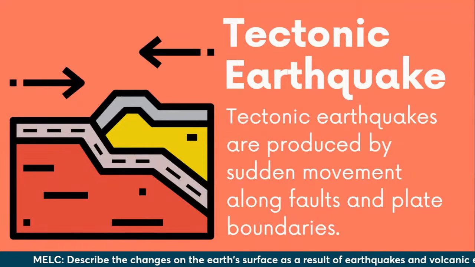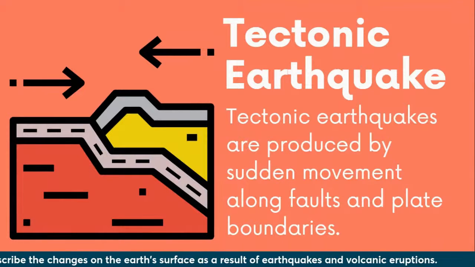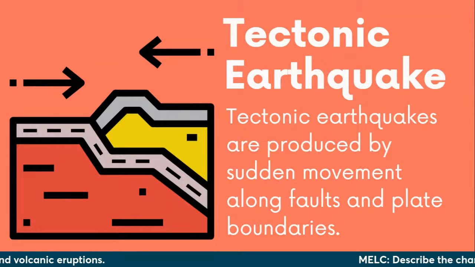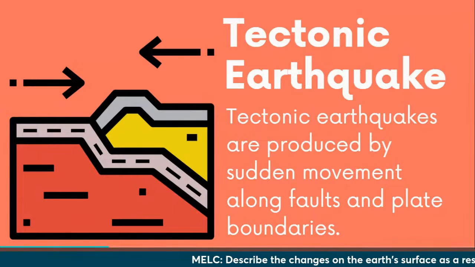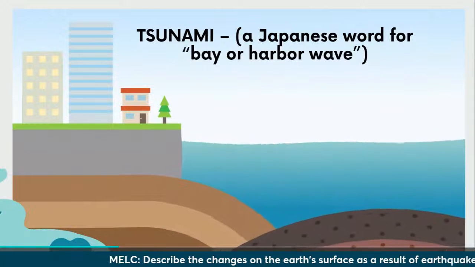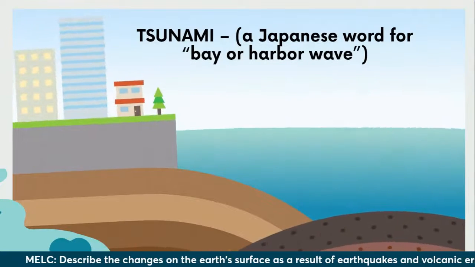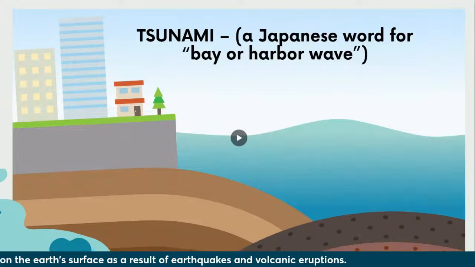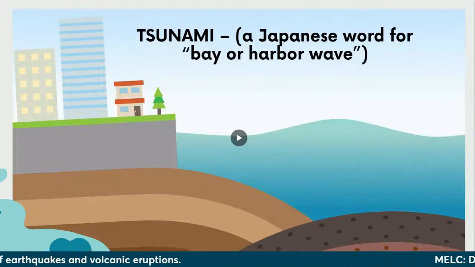The second one is tectonic earthquake. This is a kind of earthquake produced by sudden movement along faults and plate boundaries. Earthquake and sudden upward movement of the seafloor during faulting or crack along a plate boundary cause the water to rush up.